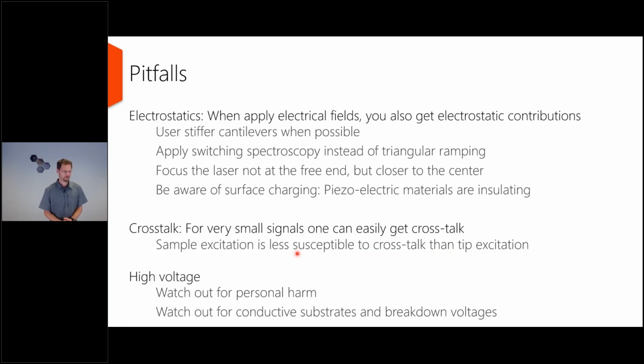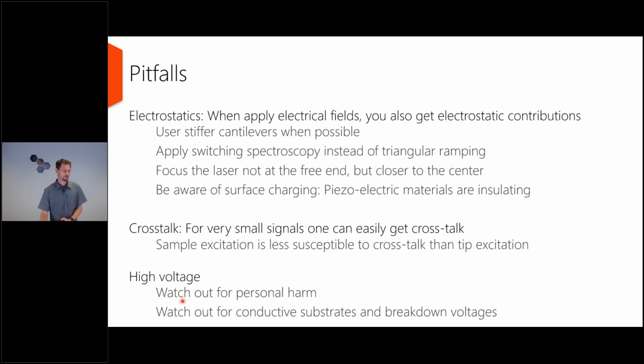The rest was done with sample excitation, and there you got a much cleaner result, almost independent of where the laser was. You got the 180 degrees phase shift. So you're much less susceptible to crosstalk when you can apply your AC signal to the sample.